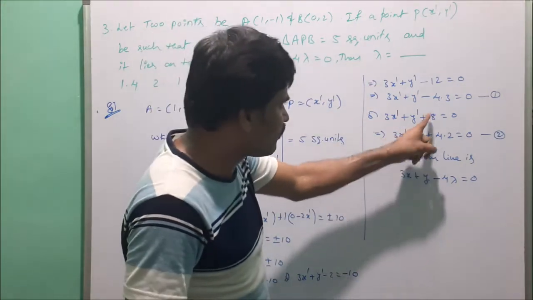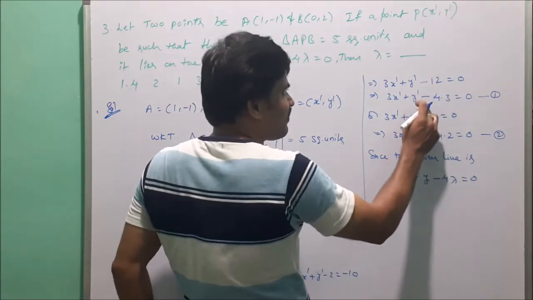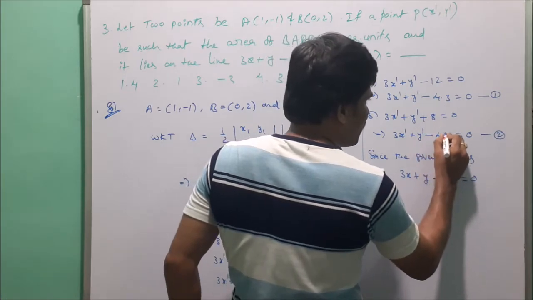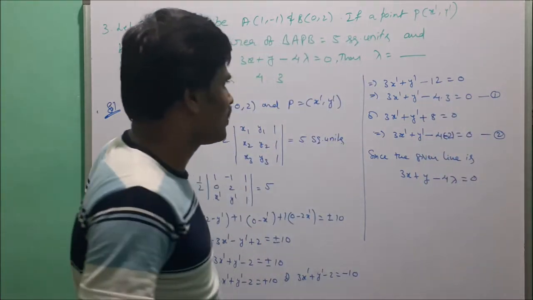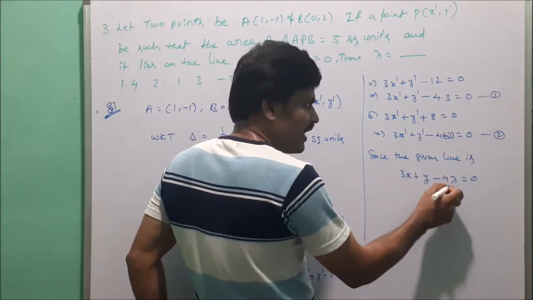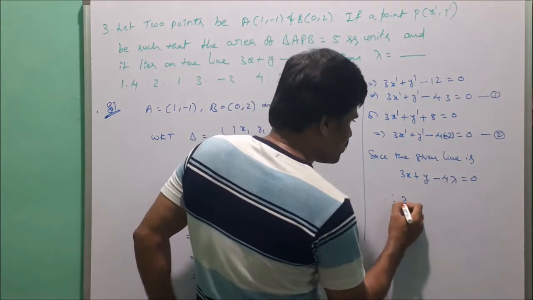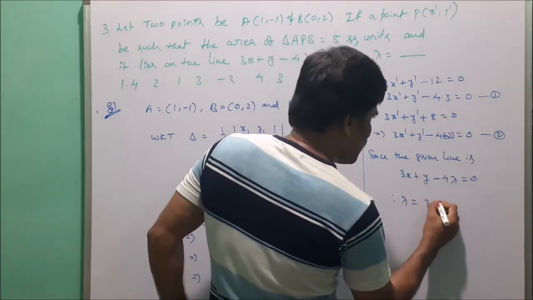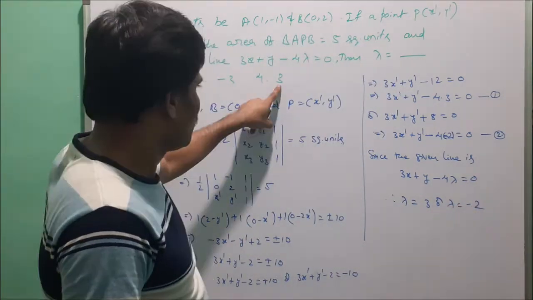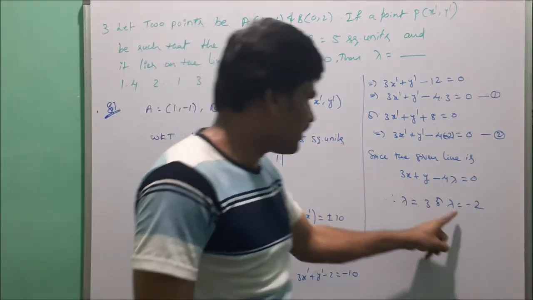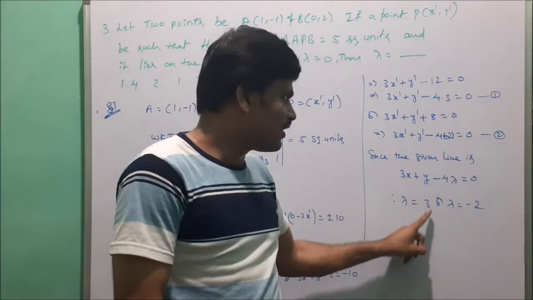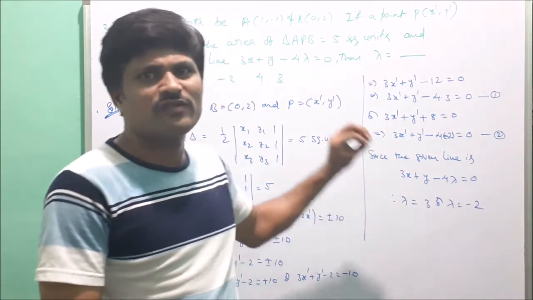Also, minus 12 can be written as minus 4 into 3, and plus 8 can be written as minus 4 into minus 2. Now comparing with the given line, lambda equals 3 or lambda equals minus 2. Now we observe the options. Lambda equals 3 is in the fourth option, while lambda equals minus 2 is not in the options. So we get the value lambda equals 3. This is the solution for this problem.